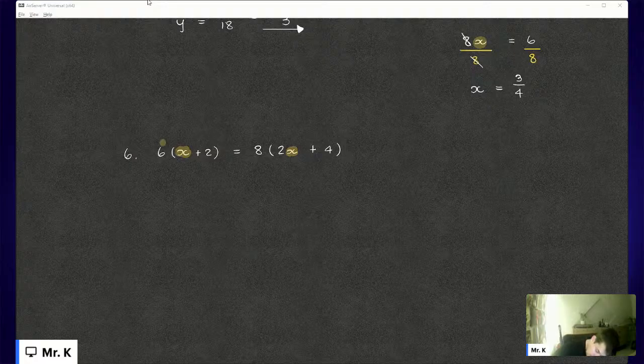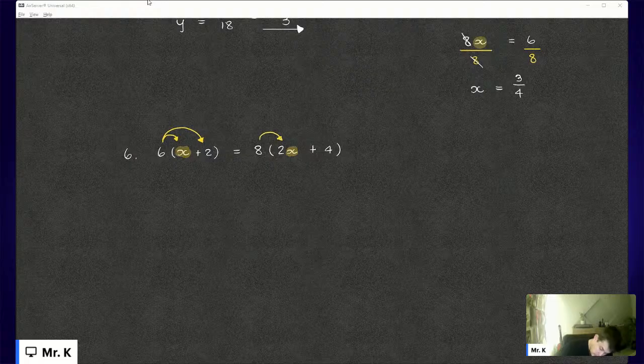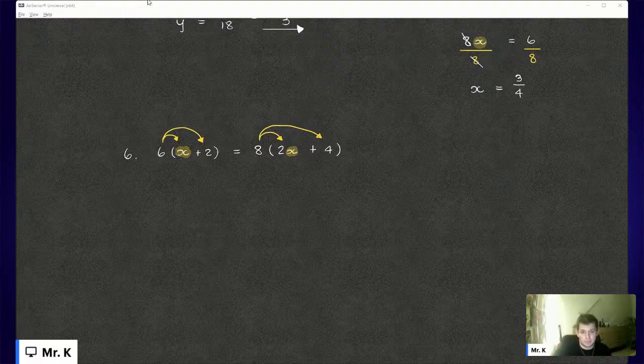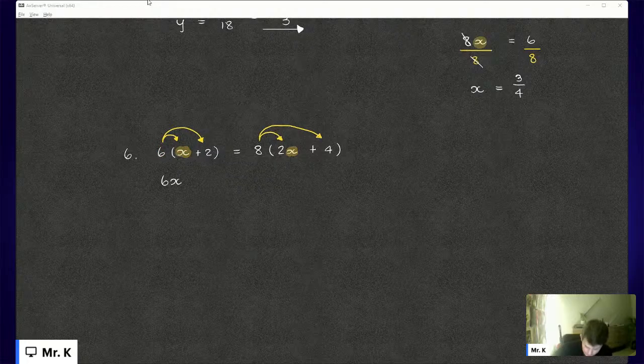On the left over here, remember, whenever we see a value right outside of a set of brackets like this, it means that we need to distribute because it is being multiplied by this entire bracket. So on both sides of the equation, we need to do a little bit of expanding. 6 times x is going to give us 6x, and 6 times positive 2 gives us positive 12.